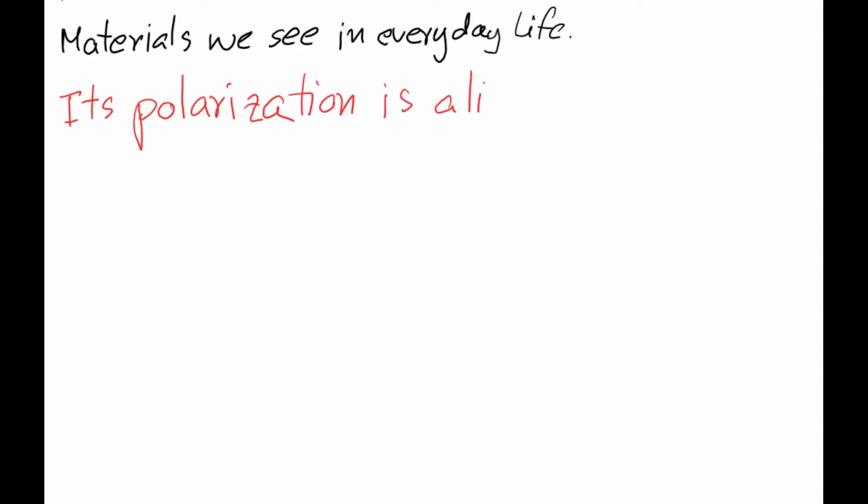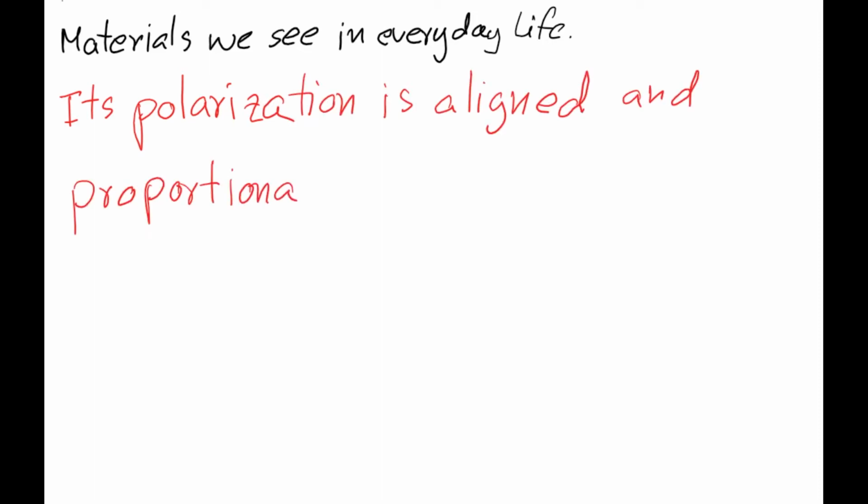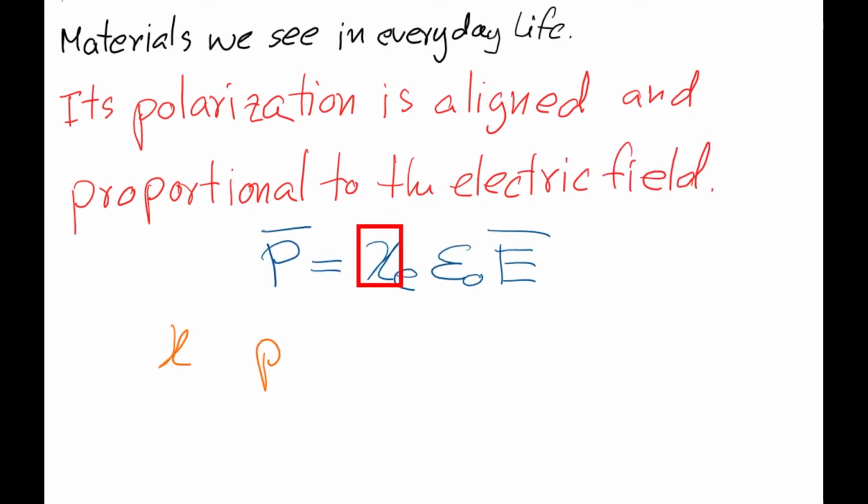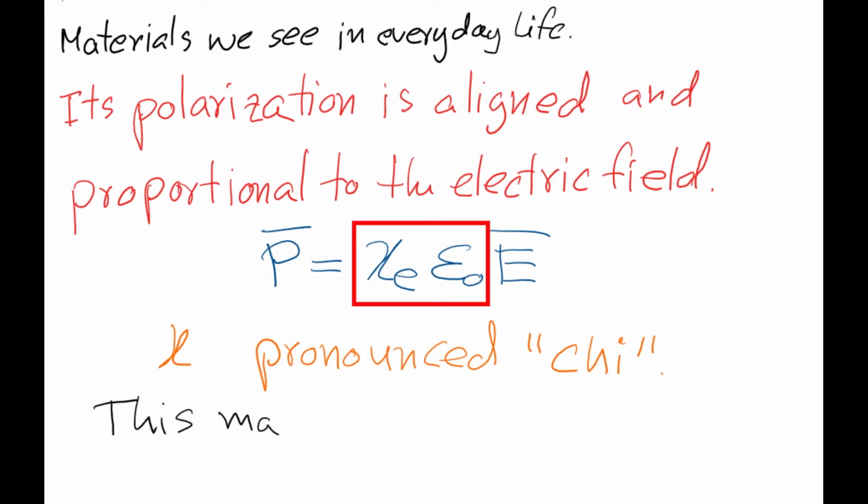For materials we see in everyday life, the polarization is aligned with and proportional to the electric field in the region. The equation for polarization is shown here. This symbol is called chi, but written as CHI when you want to type. The proportional constant is chi sub E and epsilon sub 0.